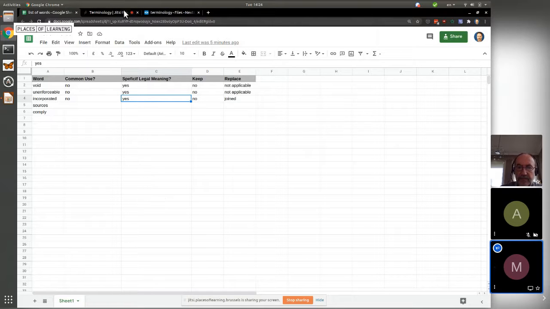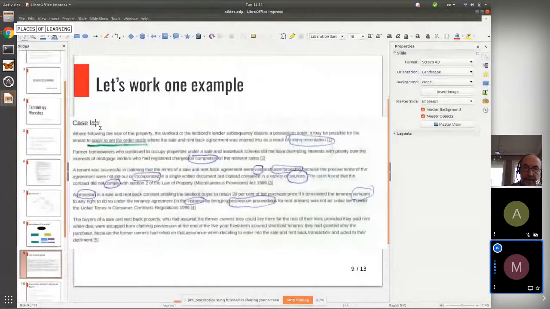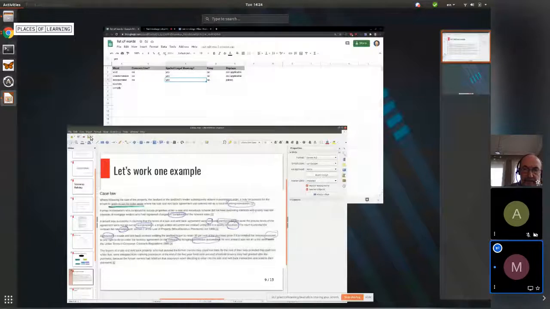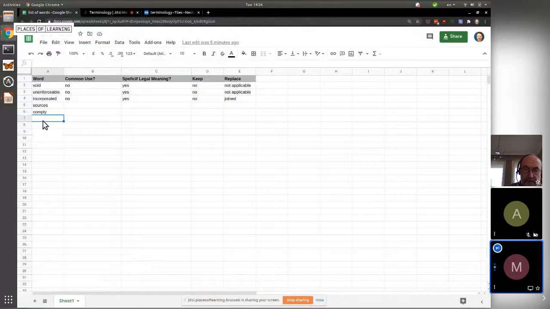And if we go with the word, for example, case law, if we circle the word case law, and we try to follow the tree for this word, we say, okay, no, it's not of common use.